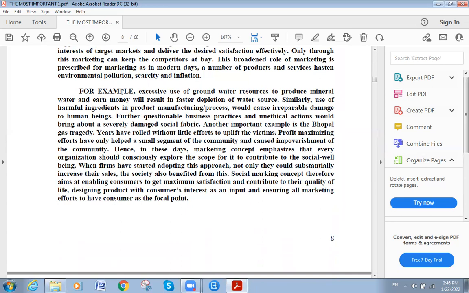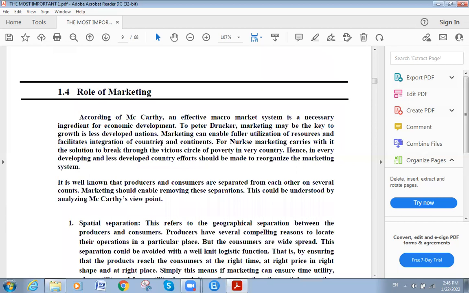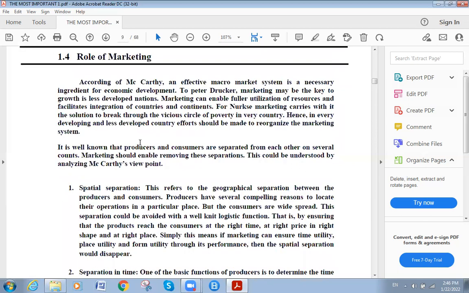Some examples are also given, like excessive use of groundwater resources to produce mineral water and earn money, which will result in faster depletion of water sources. So we have to care in this stage about the environment around us and about the rational use of it.